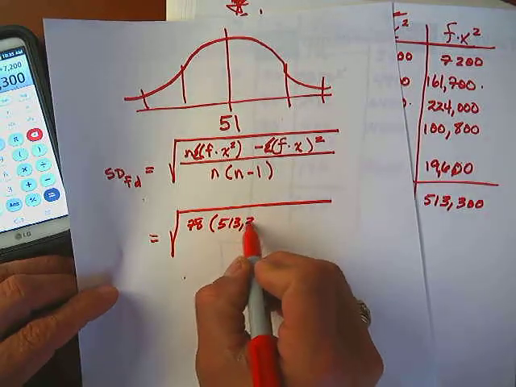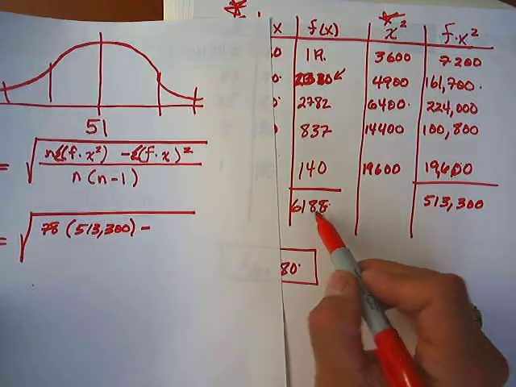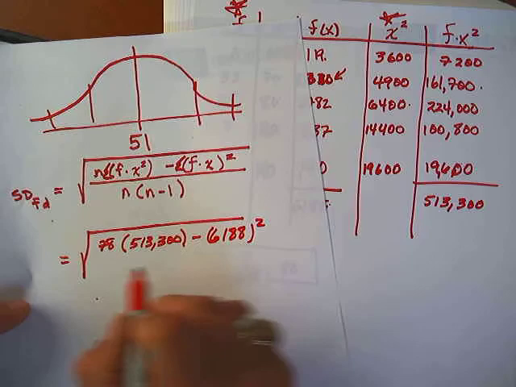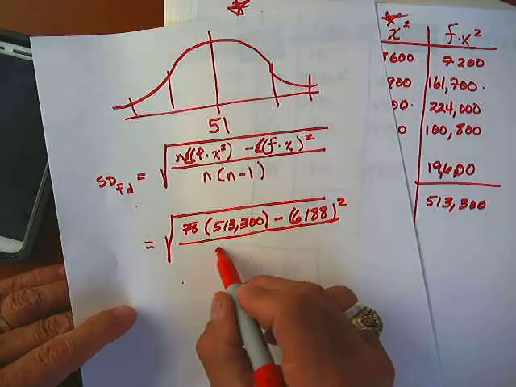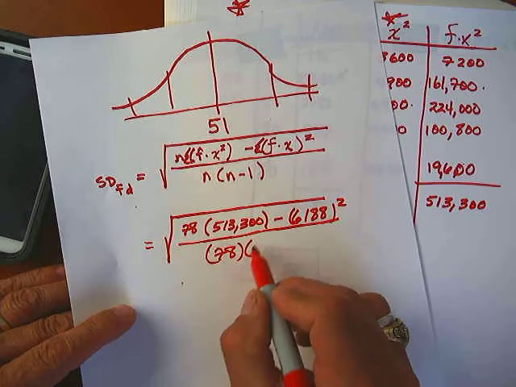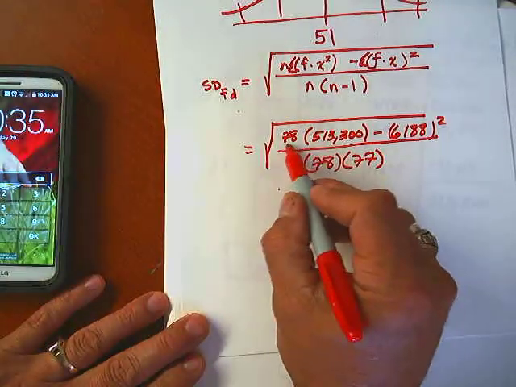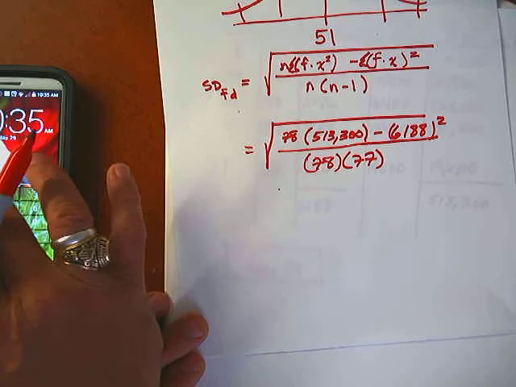And we also need this f times x quantity squared because of our formula. Hold on just a second, I lost it. There it is. Okay, there's f times x squared. The summation of that is that number right there, times the summation of f times x quantity squared, so this number right here, quantity squared.